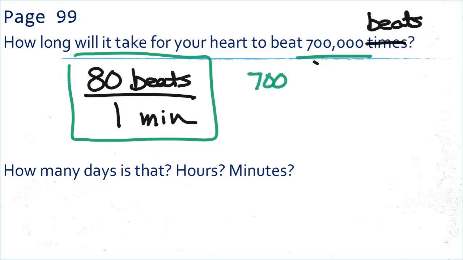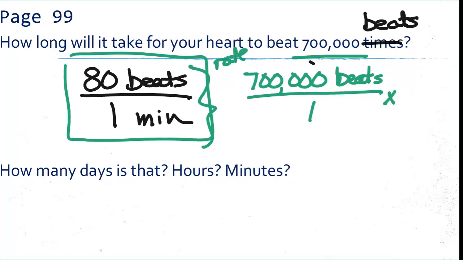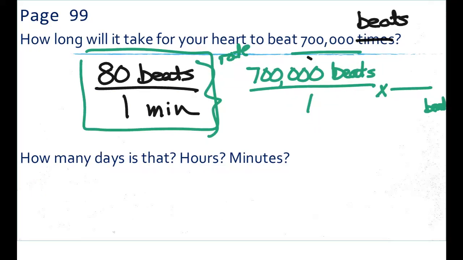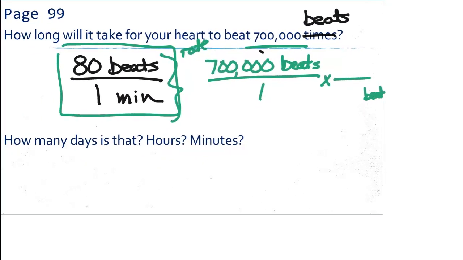So I'm going to take 700,000 beats, and I am going to put that over 1. I am going to multiply that by my rate, which you can take by your rate. But I'm going to have to switch it because I want the beats to be on the bottom, but it is equivalent. Let me go to the right. I need more space at the right. Here we go.